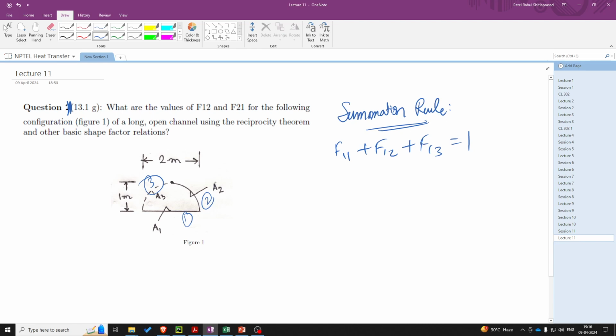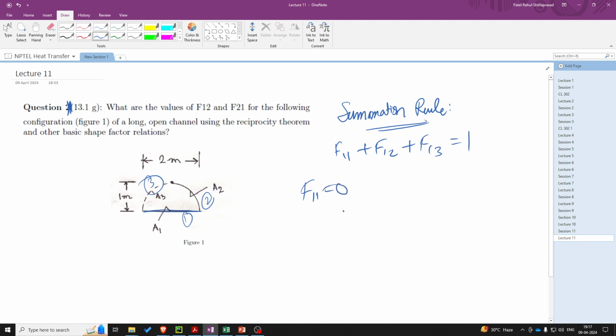Now over here you can see that the surface 1 is a flat surface. For that surface, any radiation leaving it will not bounce back and reach this surface again. So this surface can't see itself, whereas the other two surfaces, A2 and A3, can see themselves, so they will have some values of F22 and F33, whereas for surface 1 with area A1, the value of F11 will be equal to 0.